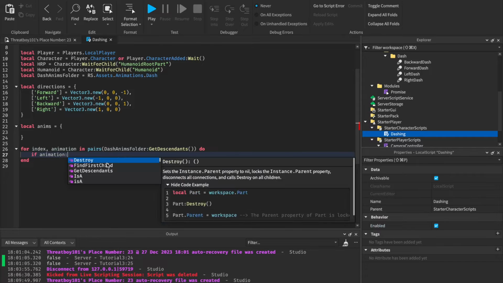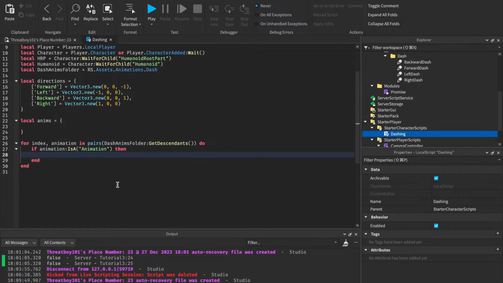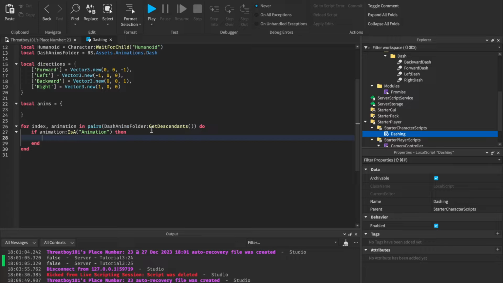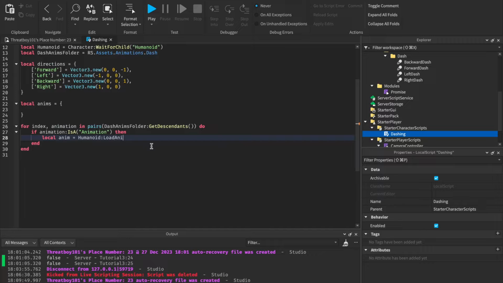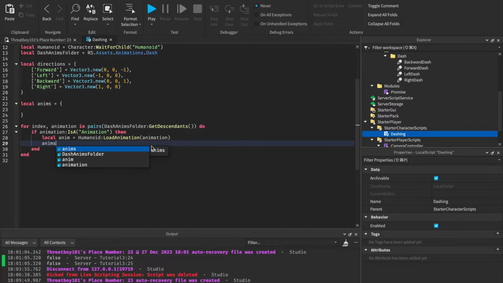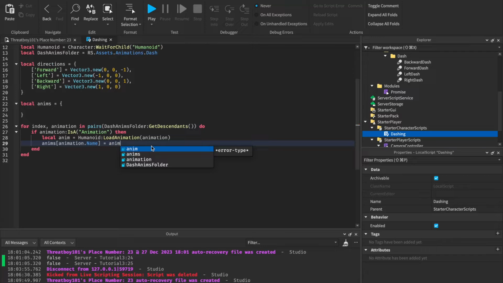And if a particular instance or descendant instance in the folder is an animation, then we want to load that animation. And there we have it.